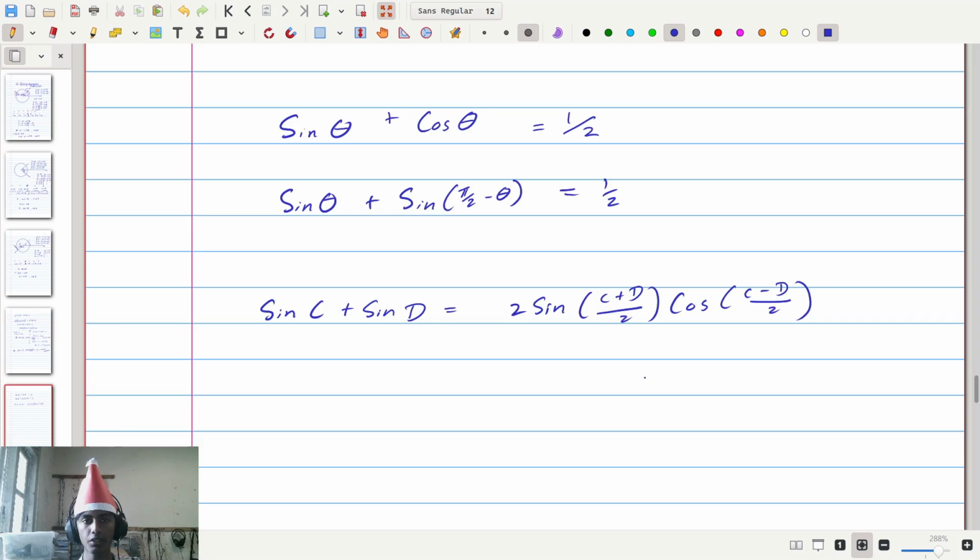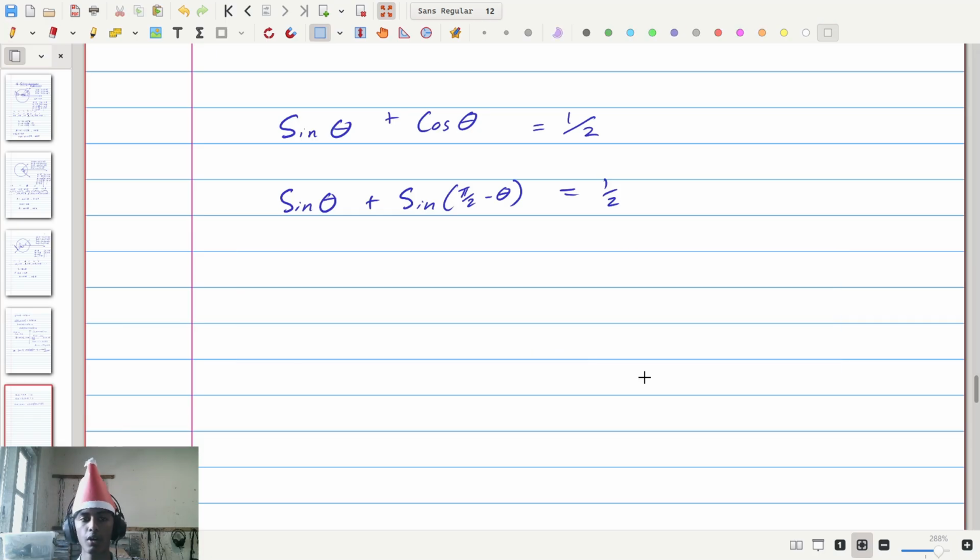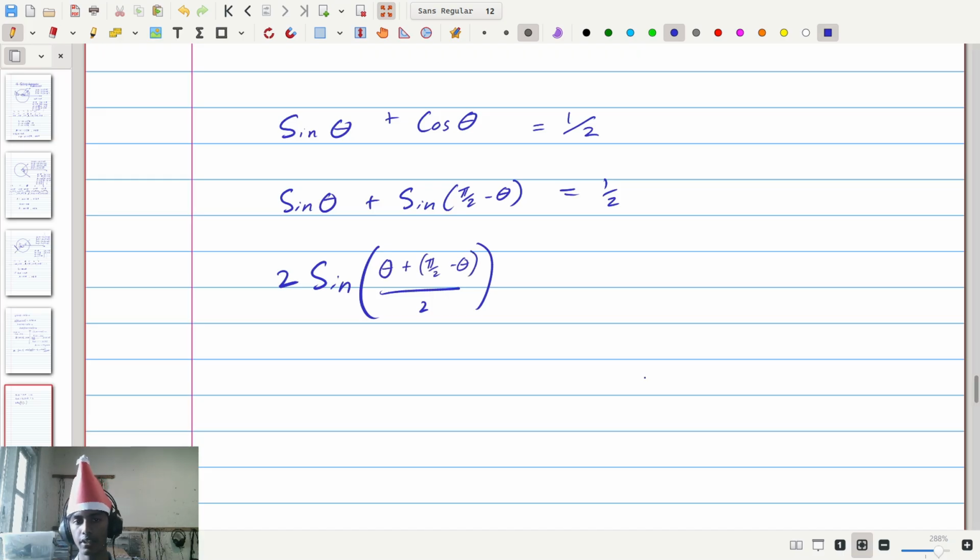Here we have 2 times the sine of the two angles added together divided by 2. Adding the two angles together, we have theta plus pi by 2 minus theta, times the cosine of the angle subtracted, which is theta minus pi by 2 minus theta, divided by 2.